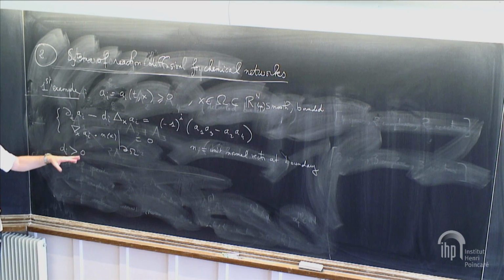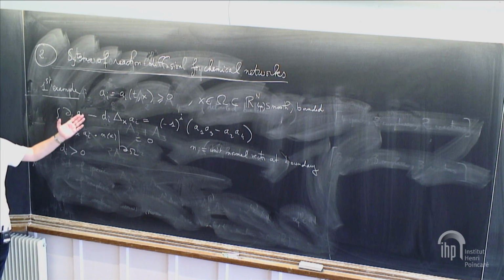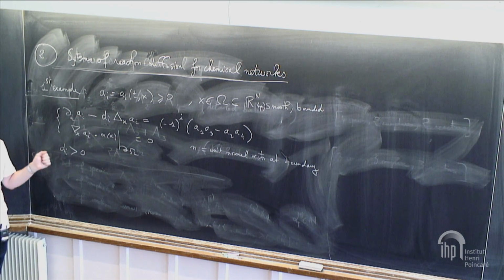As we will see, it's quite interesting also to consider cases in which some of the species are diffusing and some are not diffusing. So it's not completely absurd to suppose that this can be equal to 0, at least for certain species. This is a situation that you can find, for example, when you have one species which is huge in size with respect to the other species.